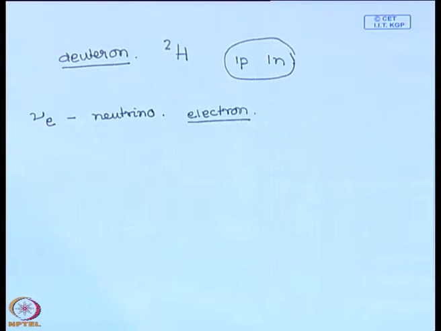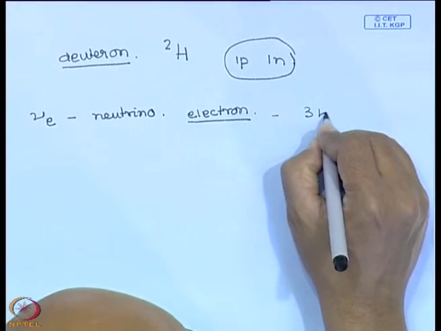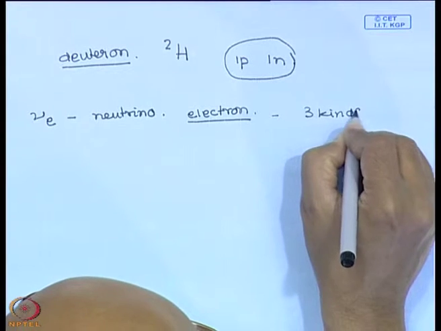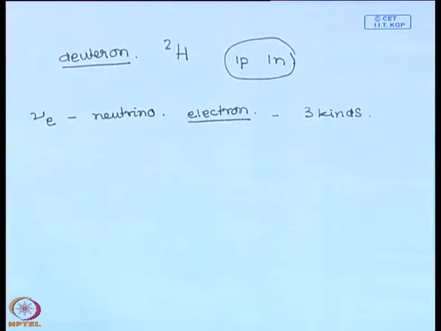There are three different kinds of neutrino species which are possible, and for each kind of neutrino you also have its associated antiparticle. You can have a mu neutrino, a tau neutrino, or an electron neutrino.